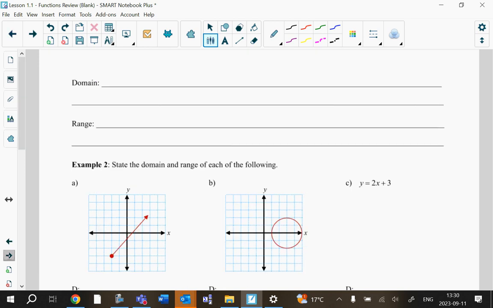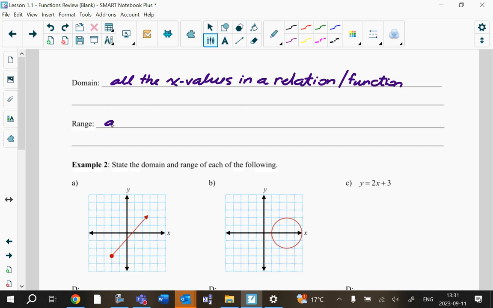What else did we deal with when we talked about functions? Domain and range. Surely you must remember this. The domain values, all the x values. The range, all the y values. All the x values in a relation or function.